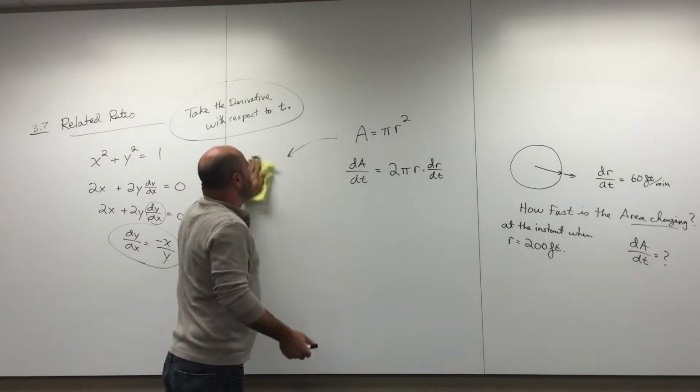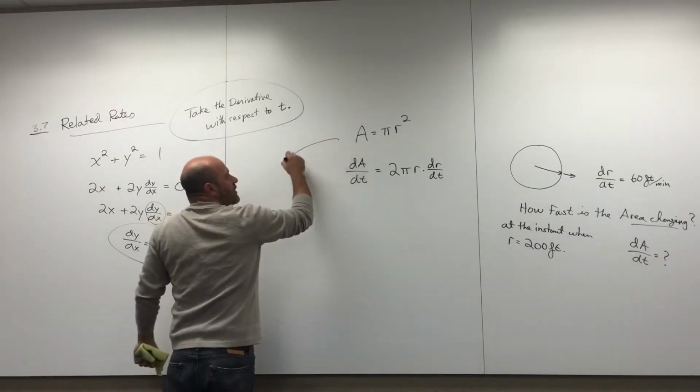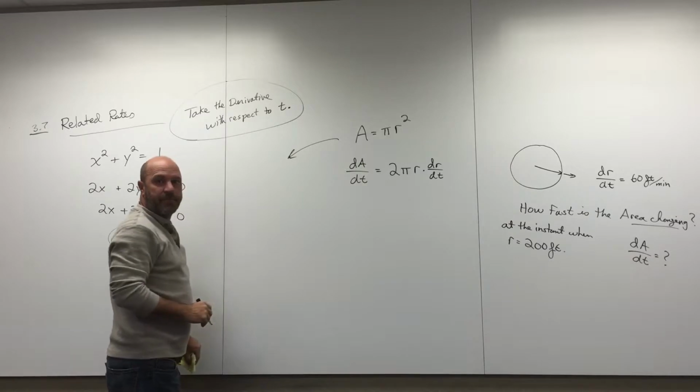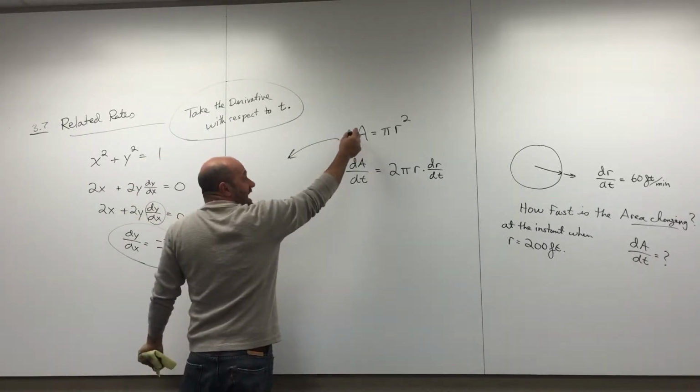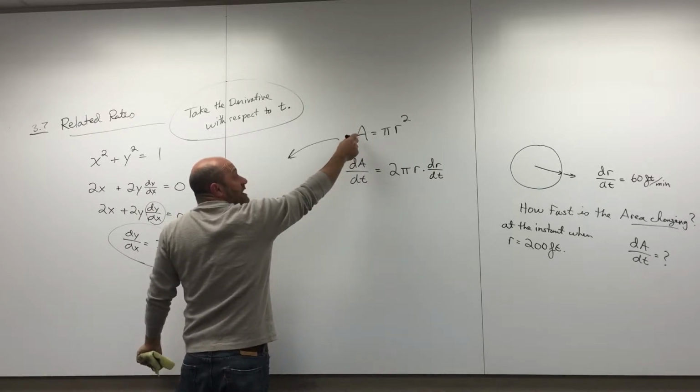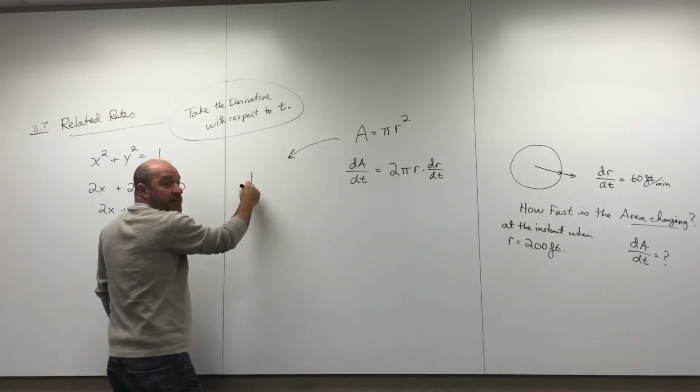What if I was doing this derivative with respect to A? This is kind of weird, but I think this derivative would be a 1.